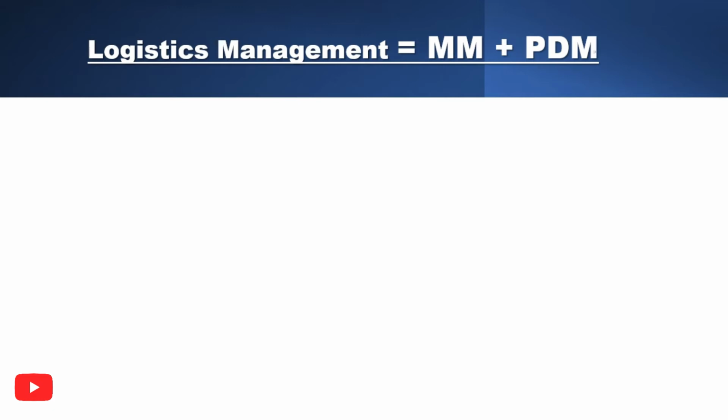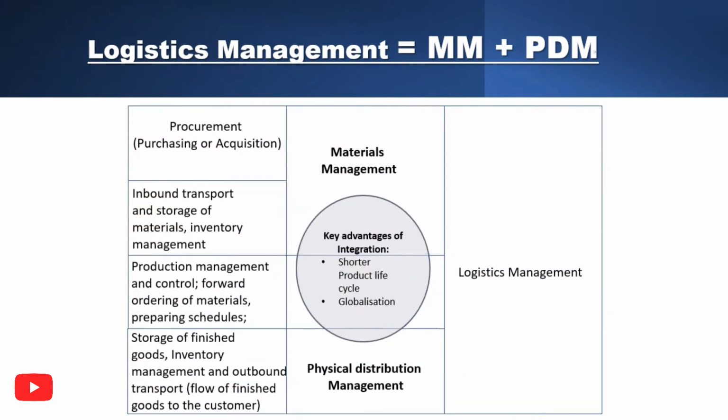Integration of SCM was just a solution for the time being, but this integration gave rise to many activities from within. That was materials management and physical distribution management. To say it in common words, materials management is the movement of goods from the supplier to the manufacturer and from the manufacturer to the retailers.